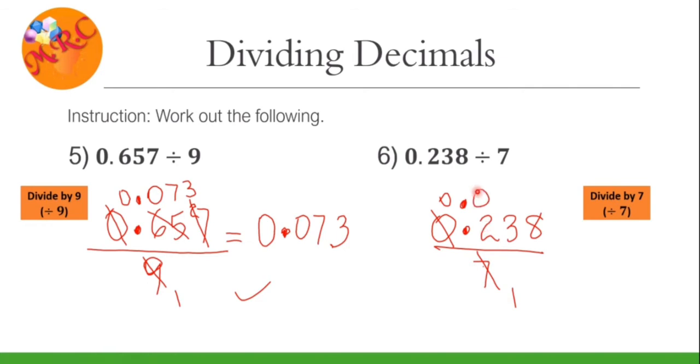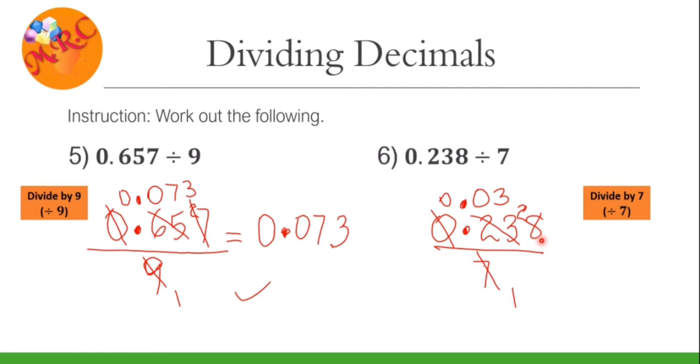Now I'm going to go with 23 then. So 7 into 23 goes 3 times, because 3 sevens is 21. So 7 into 23 goes 3 times. And remainder, how many remainder? 2. Good. Alright. And now I'm going to go ahead and say 7 into 28.